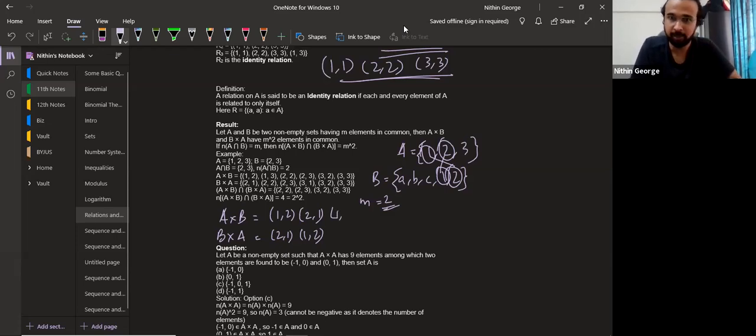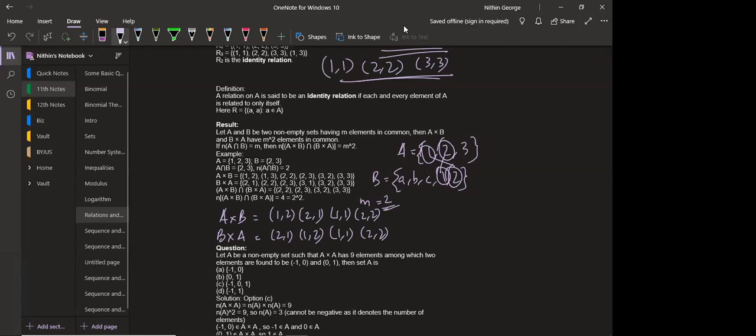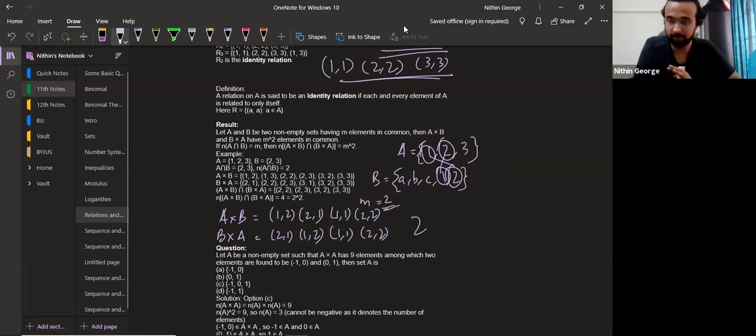Any other fancy elements here? (1,1) and (2,2) can also exist in A cross B and B cross A. Any other common elements? No, sir. So did you understand how we get 2 square number of elements? If we have 3 elements in common, we'll get 3 square number of elements. Did you understand how that happens?